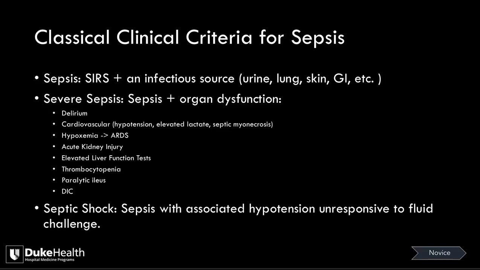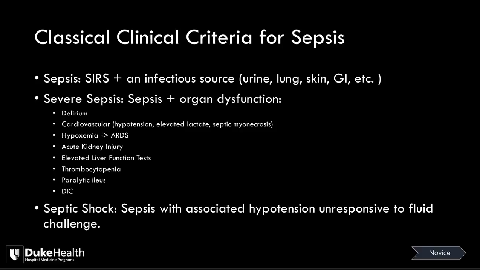So after describing the criteria for systemic inflammatory response syndrome, to meet the criteria for sepsis itself based on the classical criteria, all you really need is SIRS plus an infectious source. So whether that's a urinary tract infection, a pneumonia, a soft tissue skin infection, some sort of intra-abdominal process, whether that's an infectious colitis, ascending cholangitis, cholecystitis, etc., that would qualify you, as we know it now, as sepsis.